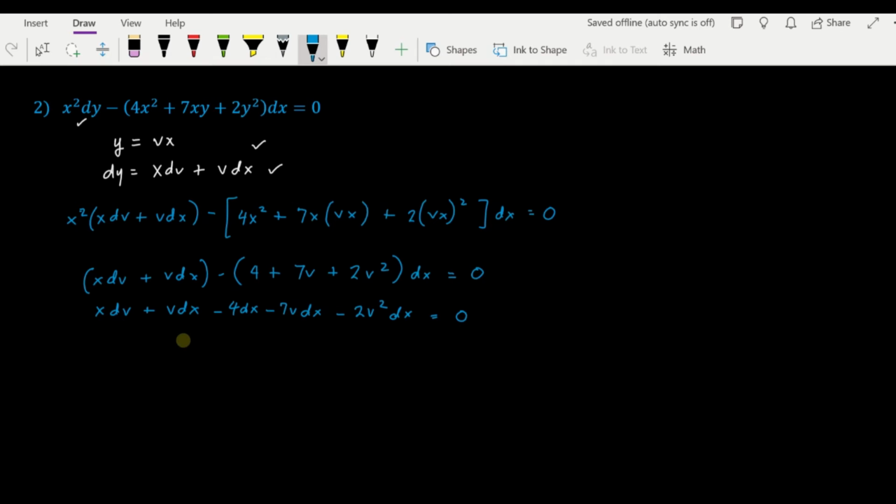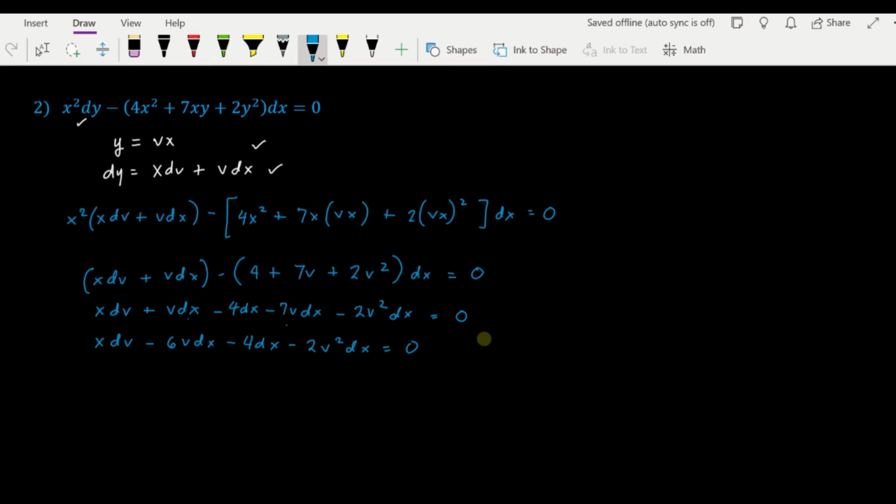And then, combine similar terms. So we have v dx and negative 7v dx. So we have x dv, then v dx minus 7v dx is negative 6v dx, minus 4 dx, then minus 2v squared dx equals 0.